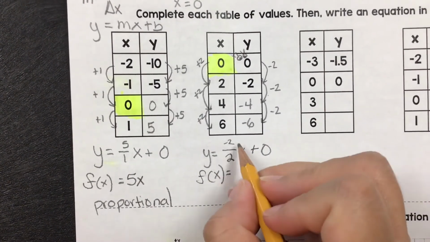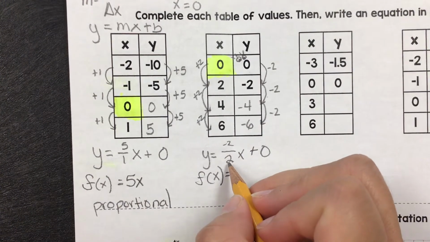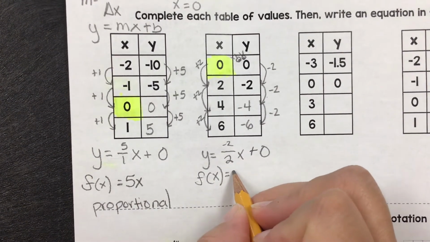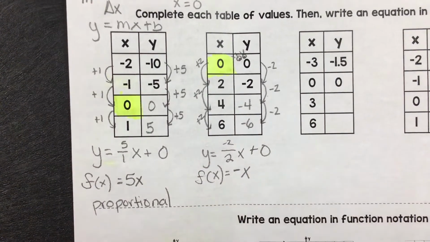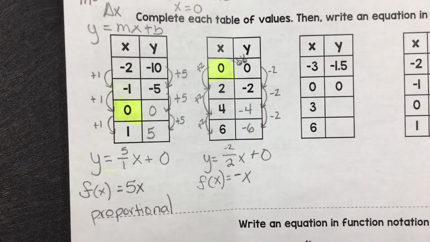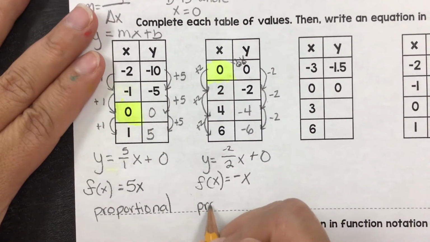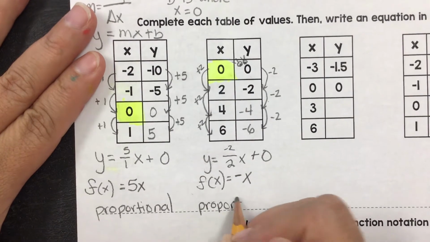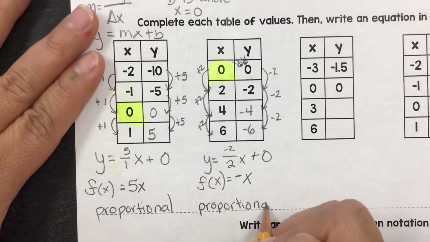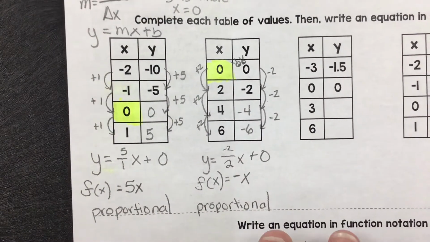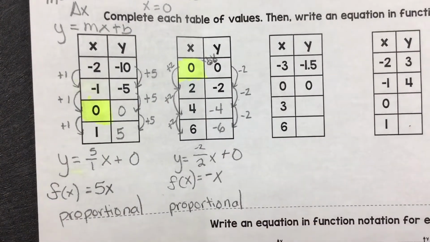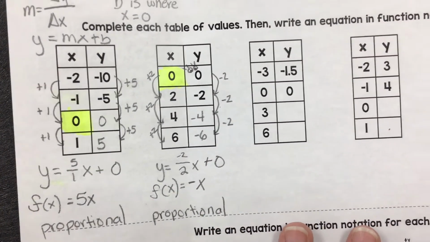We can reduce that fraction to a negative 1, which means I only have to write a negative x. And I don't have to write the plus 0. But this is still proportional. It does not tell us to indicate whether the function was proportional or not. I just want to make sure that we go over the vocabulary.